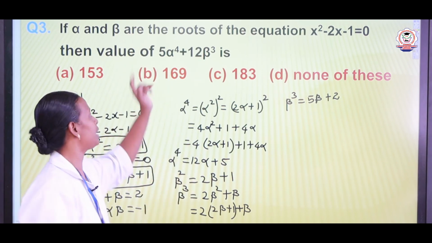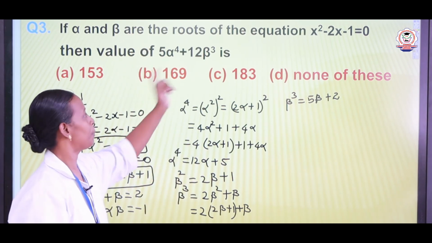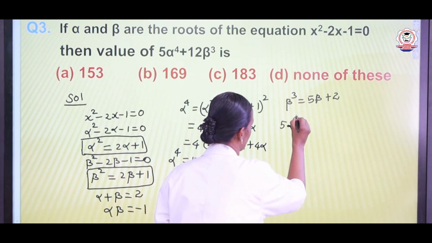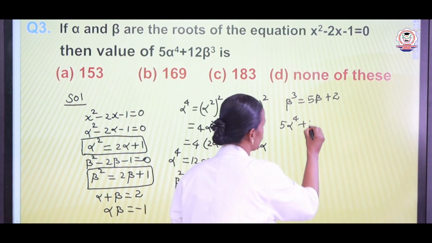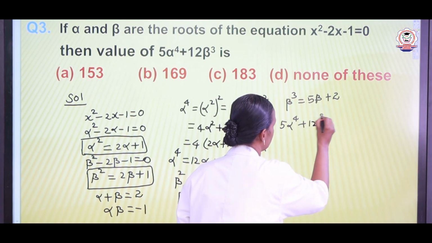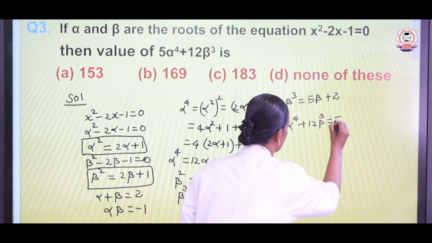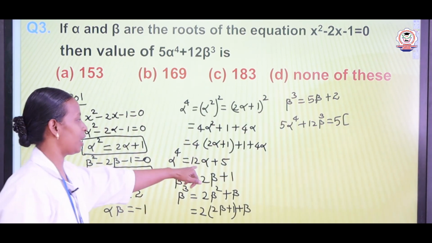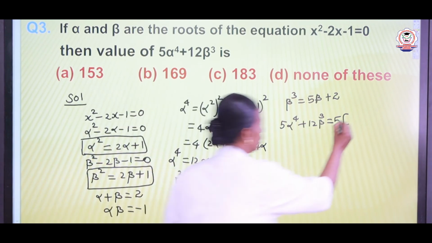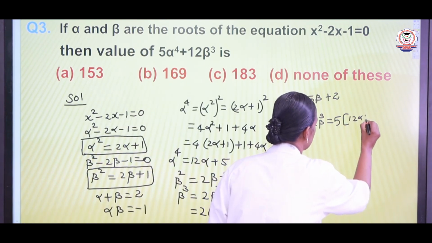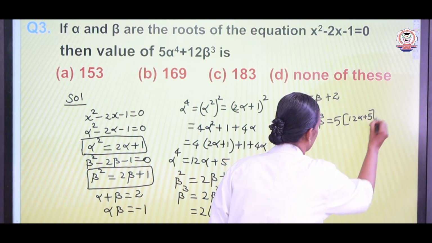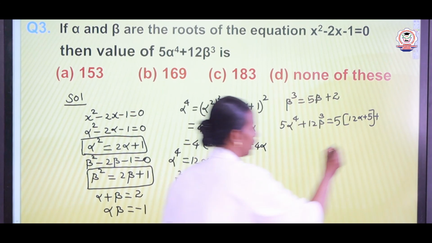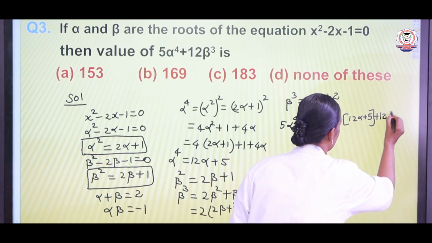Now, we are going to find 5 alpha power 4 plus 12 beta cube. 5 alpha power 4 plus 12 beta cube equal to 5 into, what is our alpha power 4 value? 12 alpha plus 5. Then plus 12 beta cube.